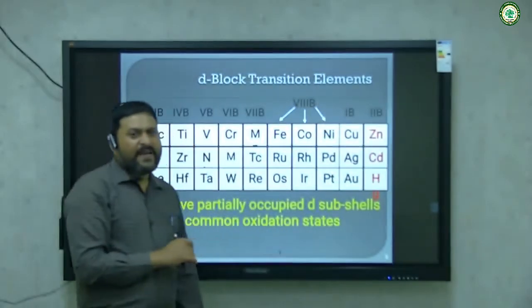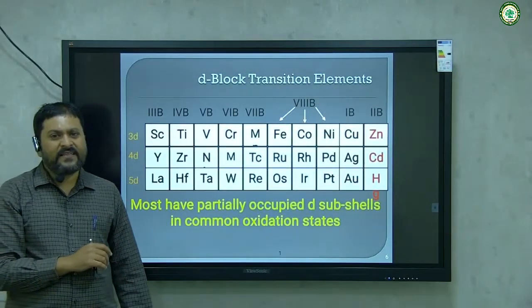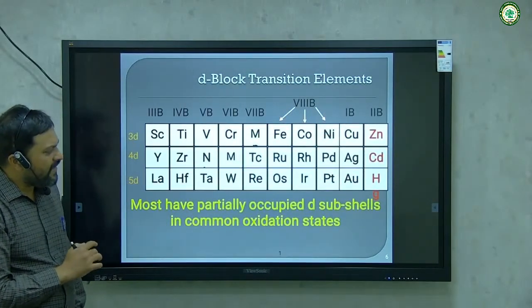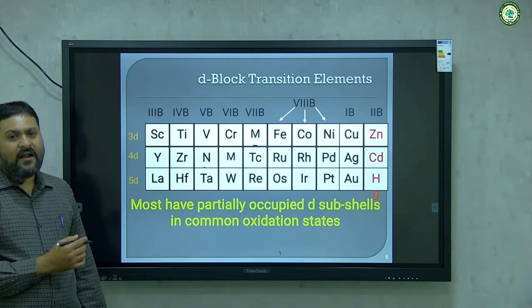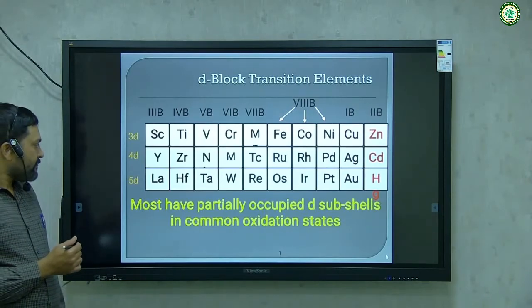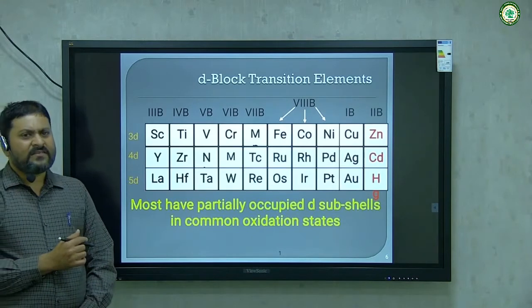Okay, after that, similarities across a period are greater. Means when we move across the periods, the similarities that take place across the period are the same.